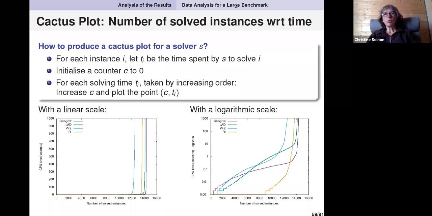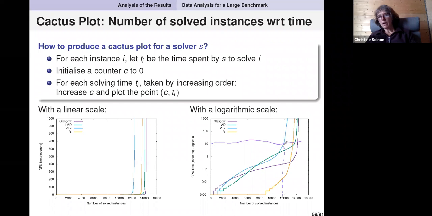For example, if I want to compare, my CPU time limit is 10 seconds. If my CPU time limit is 10 seconds, then I draw this line. Imagine that it is straight. And I look, it means that the number of instances solved by VF2 within a time limit of 10 seconds is this.